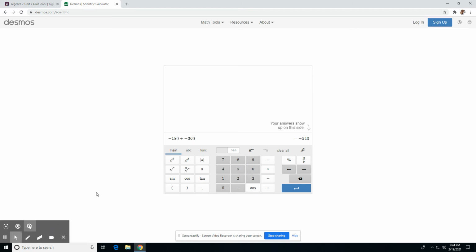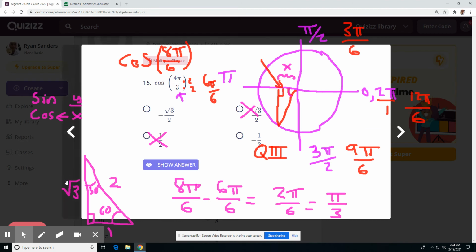Sometimes I make mistakes, so I just want to be careful. So radical 3. I was checking to see which side's bigger. 1, 2, and the last one's radical 3, and the hypotenuse has to be bigger. So this is good.